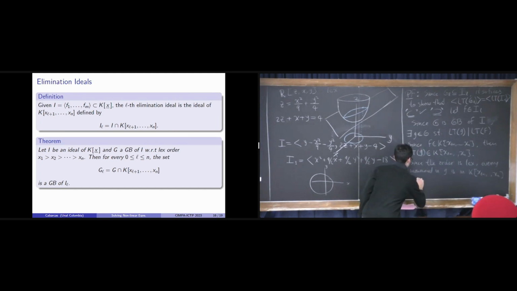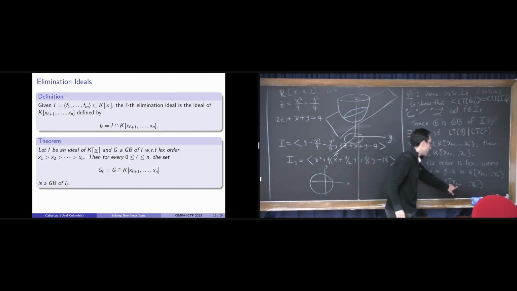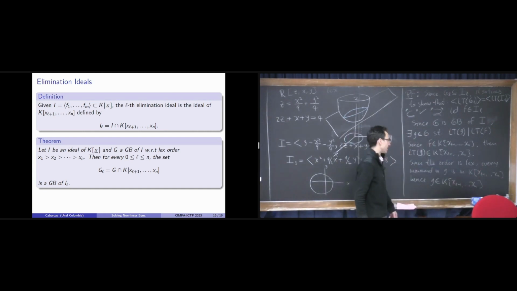Hence, g is a polynomial in the polynomial ring in the last n minus L variables.